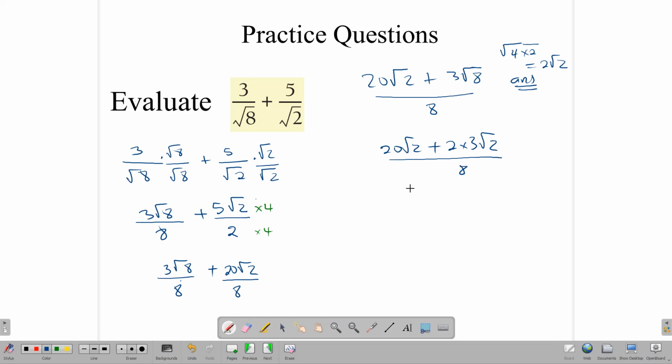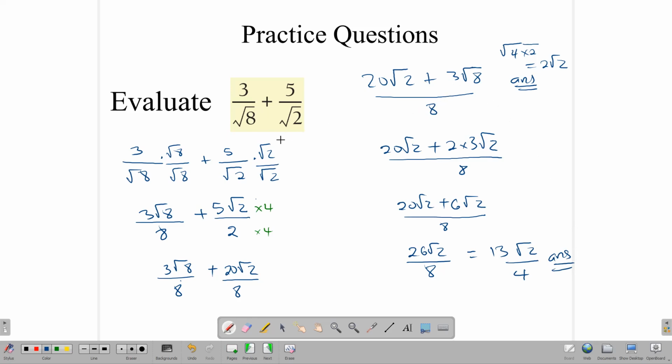And 2 times 3 is 6. So we have 20 root 2 plus 6 root 2 over 8. And that would give us 26 root 2 over 8. And of course, we can even simplify it some more by dividing both of these by 2, which would give us 13 root 2 over 4. Now this is still the answer, just a simplified version of that.